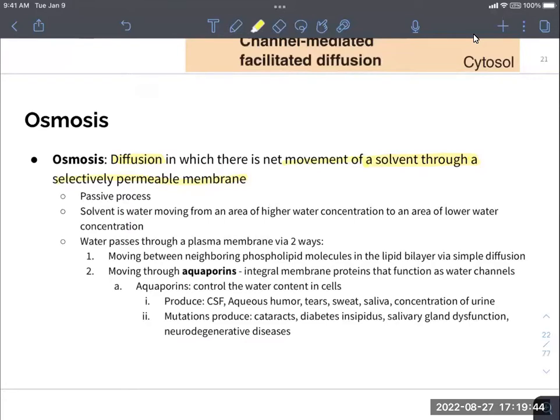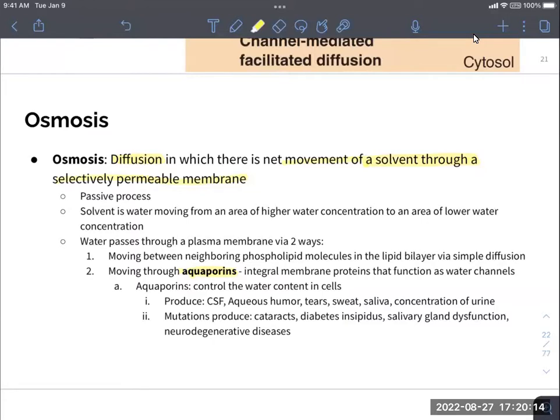But osmosis uses water because water can pass through the plasma membrane in different ways. It can move between phospholipid molecules by simple diffusion, or there are aquaporins, which are integral proteins found in the plasma membrane, and they function as water channels, letting water in and out.